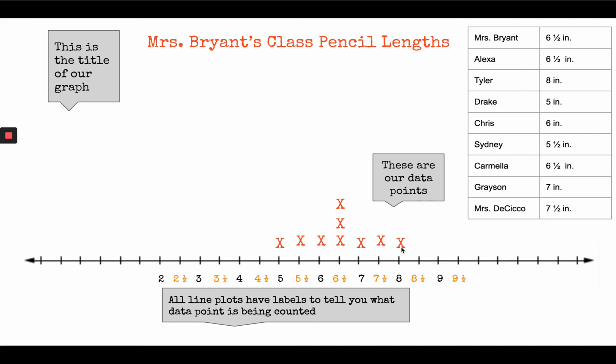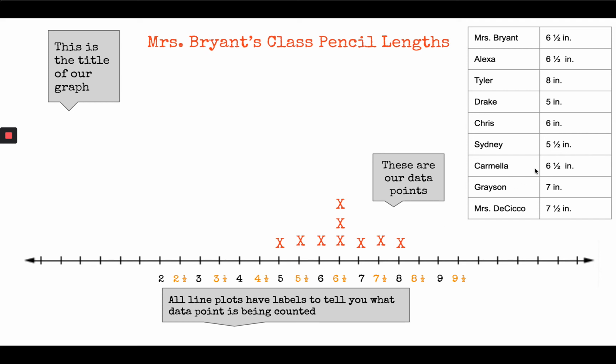Here's his right here for 8 inches, right? Drake had a 5-inch pencil, and I put his right here for 5. Do you see how I'm doing this? Chris was 6 inches. His pencil is right here for 6. Sydney, she had 5.5. So here's hers. And I just sort of marked them right where their numbers match, right?